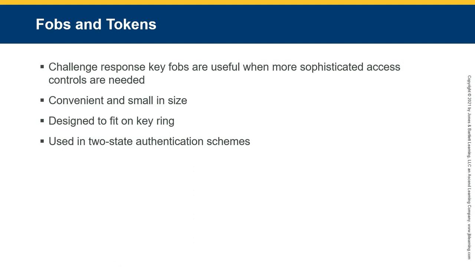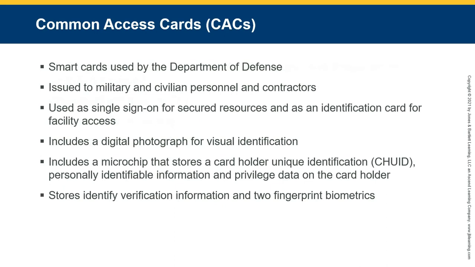Fobs and tokens. Challenge-response key fobs are useful when more sophisticated access control is needed. Convenient and small in size, designed to fit on a key ring, they use two-factor authentication. Smart cards.